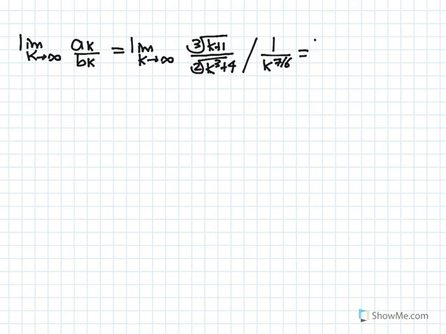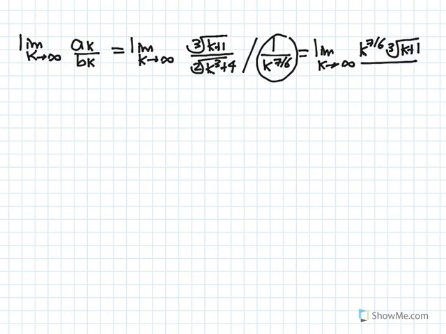If we simplify this, we're dividing by 1 divided by k to the 7/6. That's the same as multiplying by k to the 7/6 divided by 1. That's going to be limit as k approaches infinity of k to the 7/6 times third root of k plus 1 divided by second root of k cubed plus 4.